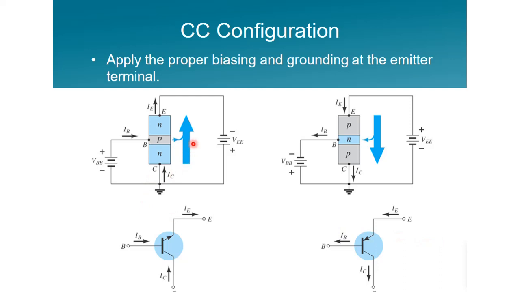The difference here is the current flow. For the NPN, the current flows from IC to IE, IB to IE, and for the PNP, current flows from IE to IC and IE to IB.